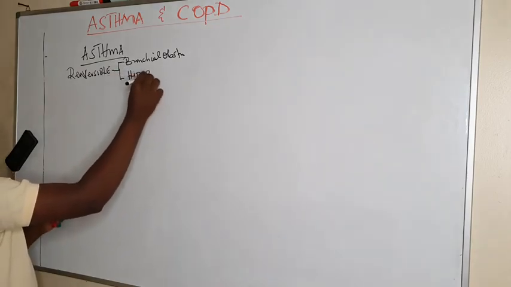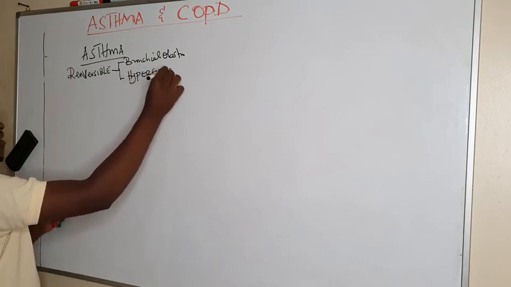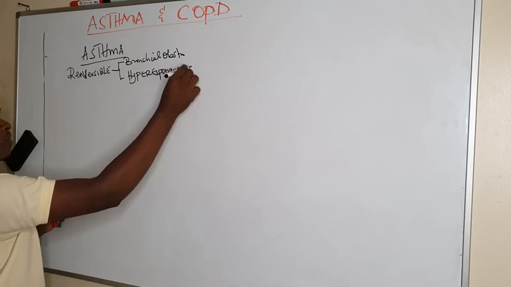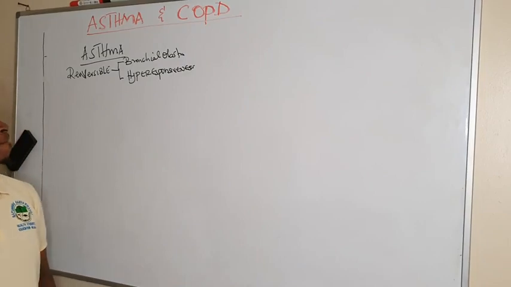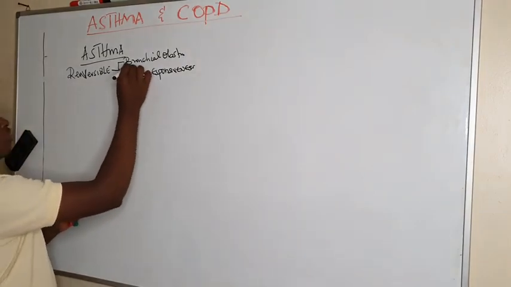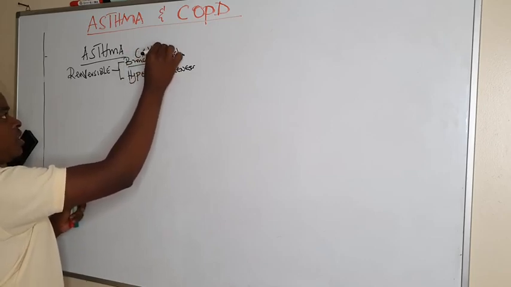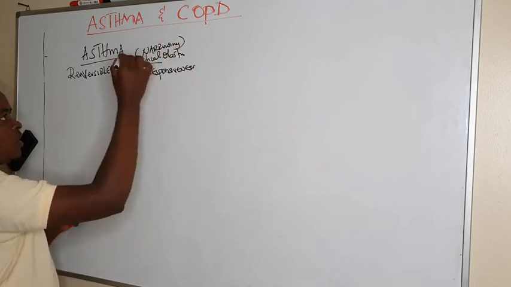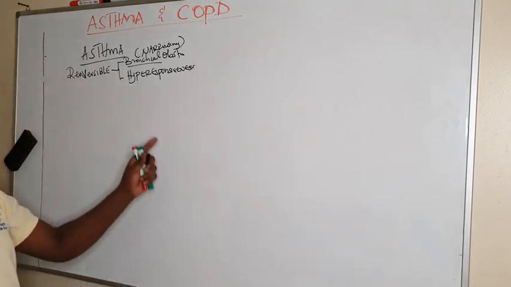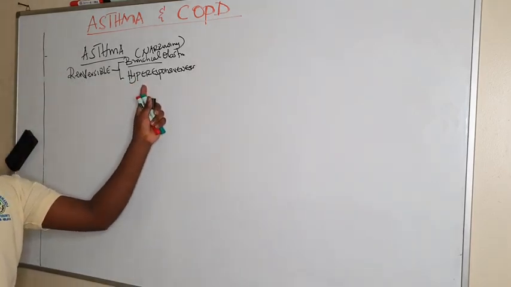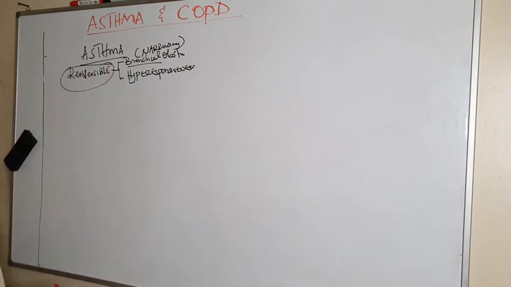There is hyperactivity or hyperresponsiveness of the bronchial, which is part of the lung. This bronchial obstruction is brought about by the narrowing of the airway or of the bronchus. And this narrowing of the bronchus and the hyperresponsiveness, which we have said is reversible, occurs in episodes.